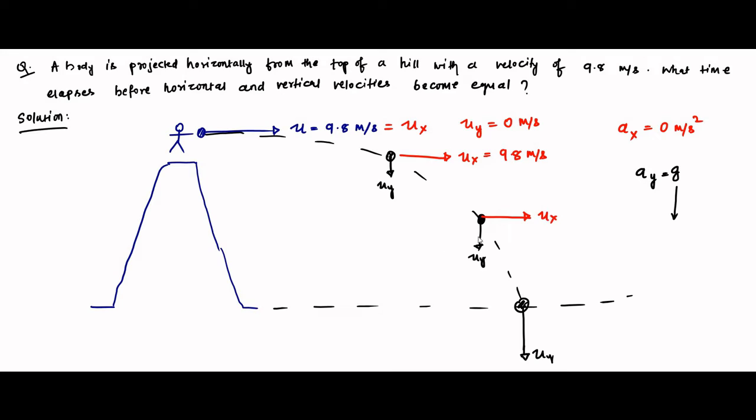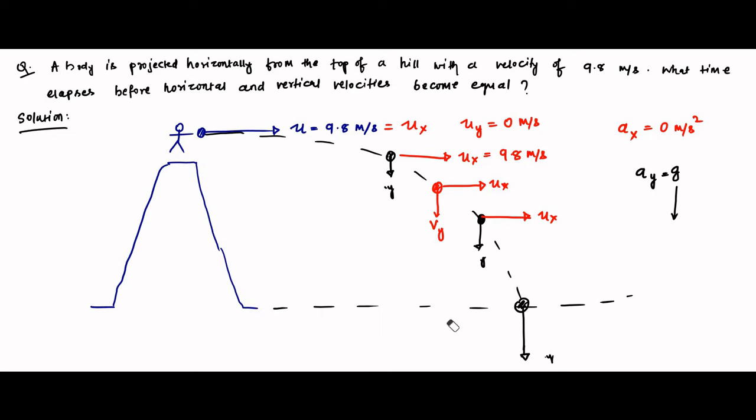So we have to find the time instant or the position where the Vx component is equal to the Vy component. These are all v, not u, because u is the initial velocity and these are intermediate velocities, so we'll use the sign v.